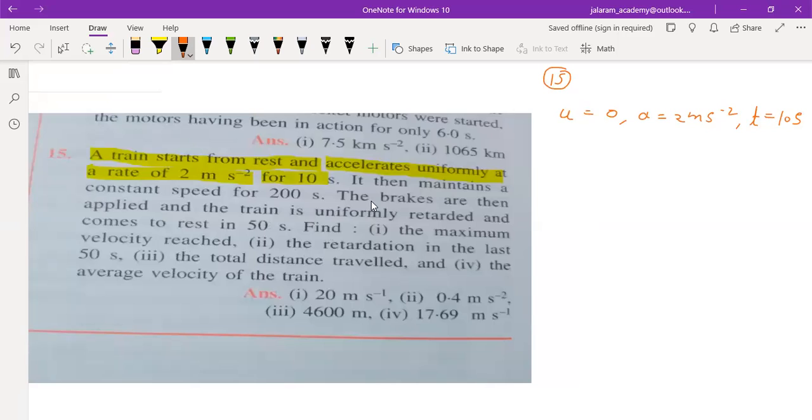It then maintains a constant speed for 200 seconds. So this is case 2. When it has maintained the constant speed, speed means velocity for motion in one dimension.